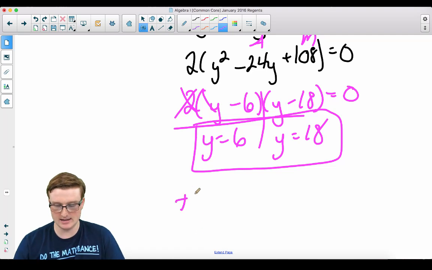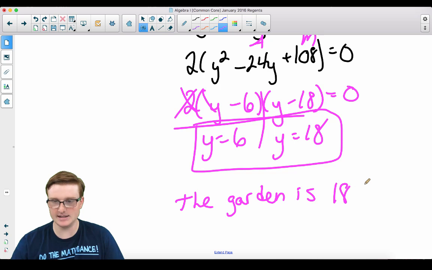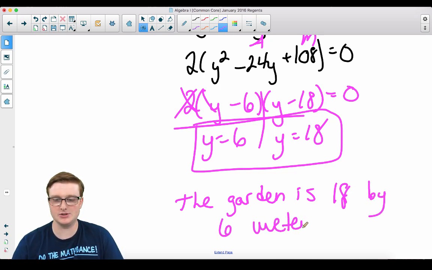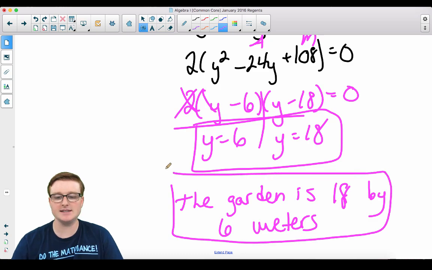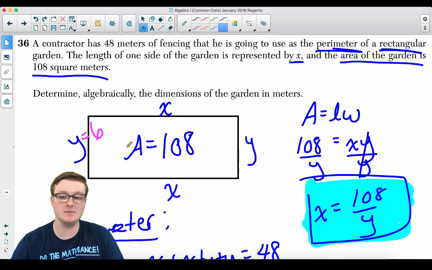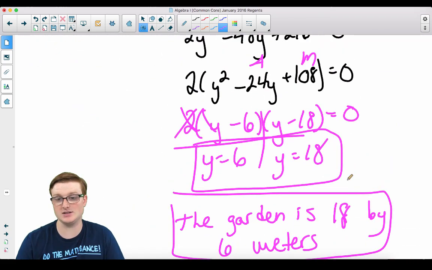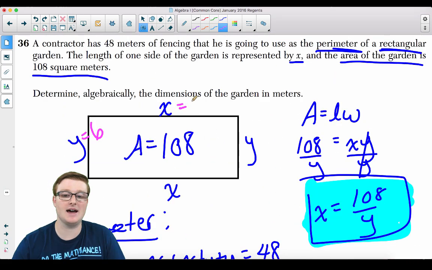So your answer is the garden is 18 by 6 meters. And that's it. If you take 6 and you put it up here, this could be 6. If you take 18, that is your x up here.